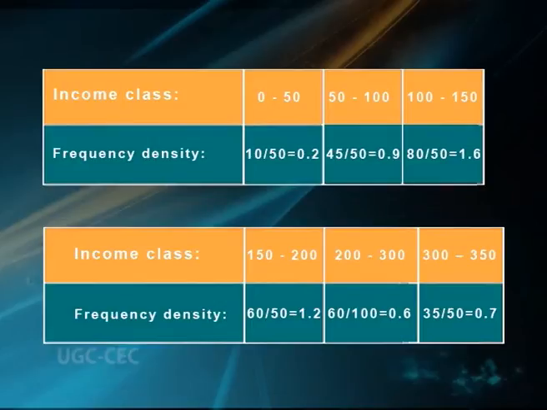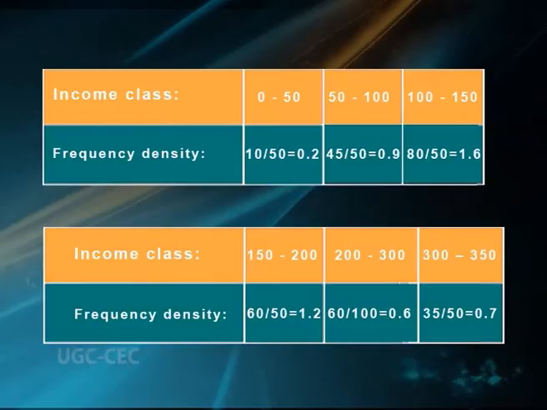Solution. Here all the class intervals are not of equal width. So, find the frequency density of each class, and rectangles are drawn for each class with height proportional to the corresponding frequency density. Frequency densities are calculated here. Income class: 0 to 50, 50 to 100, 100 to 150, 150 to 200, 200 to 300 and 300 to 350.